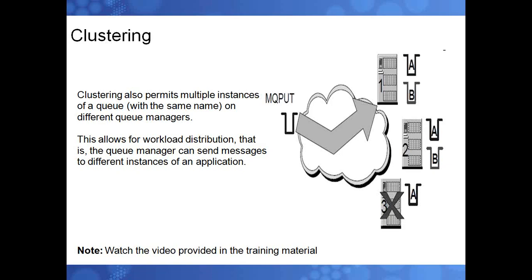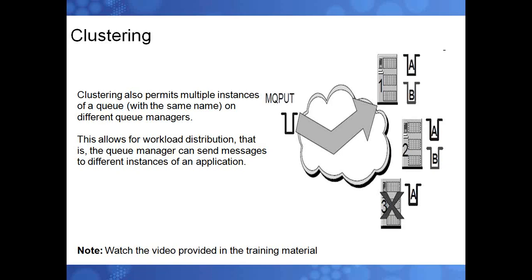For example, if you take A and B as two queue managers and place them in a cluster, these two queue managers can be used for different applications, where we can use all the objects of queue manager A as well as queue manager B for the same application or for different applications. What this brings out is workload distribution, so there will be load balancing.